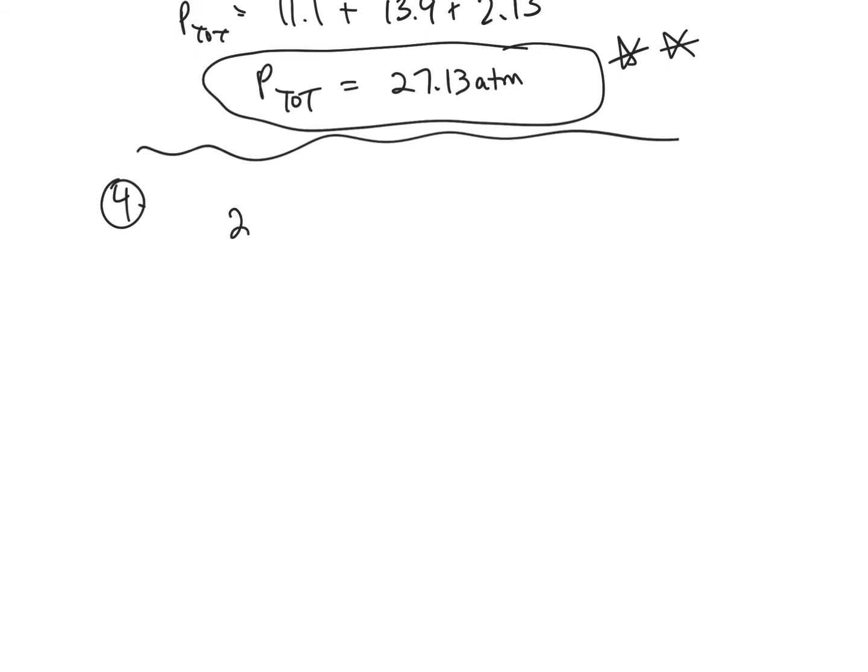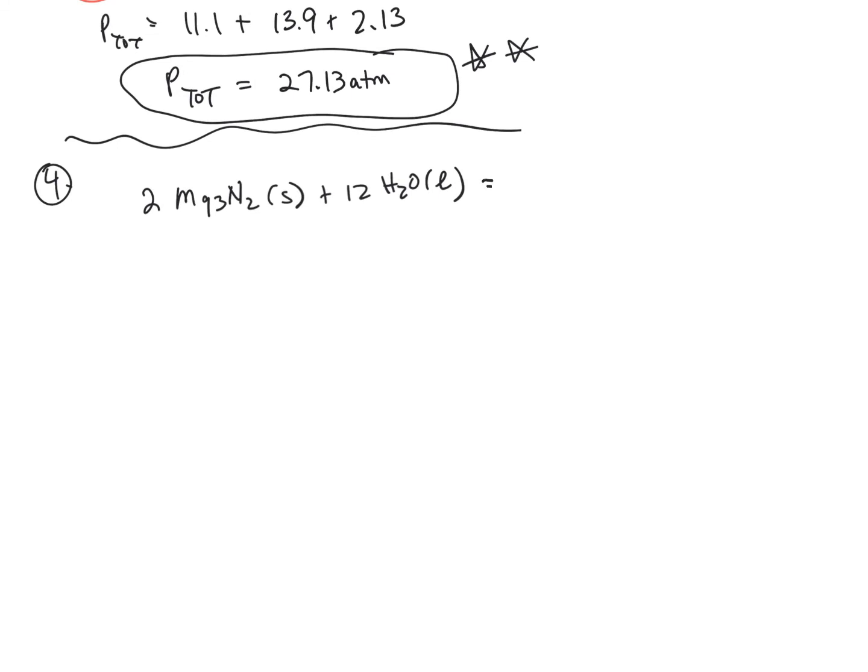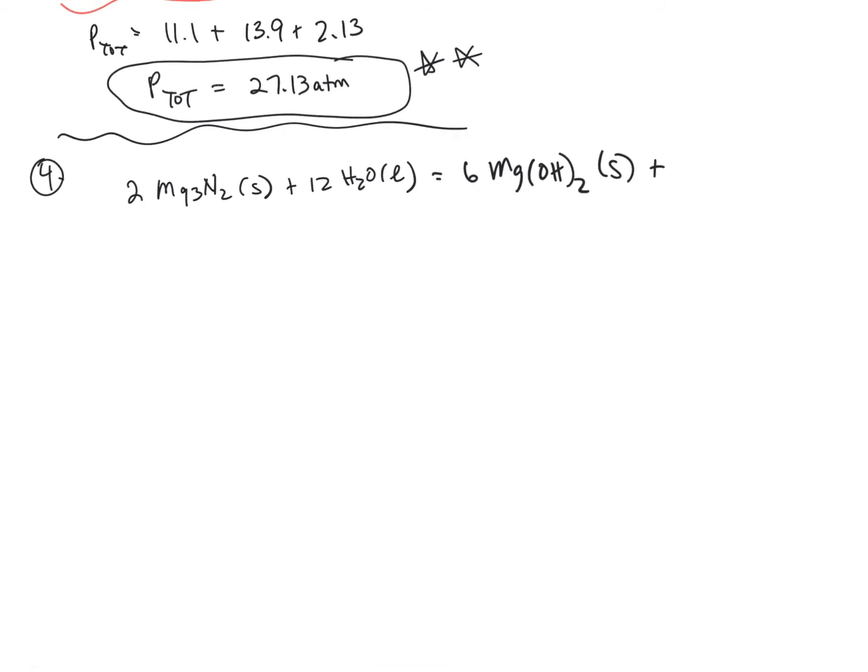So it's 2 Mg3N2, which is a solid, plus 12 waters, which are liquid, 6 magnesium hydroxide, which is a solid, and 4 ammonia, which is a gas. The phases matter in this one.